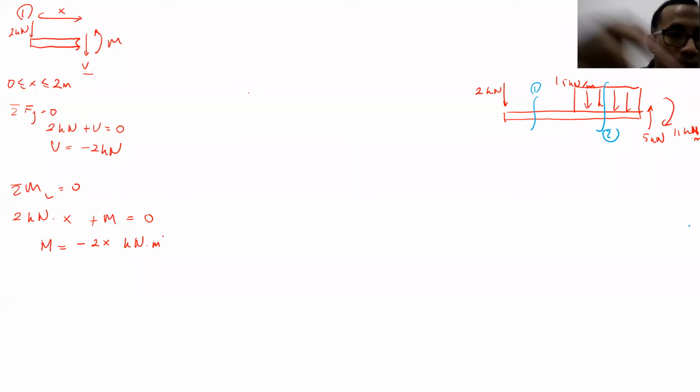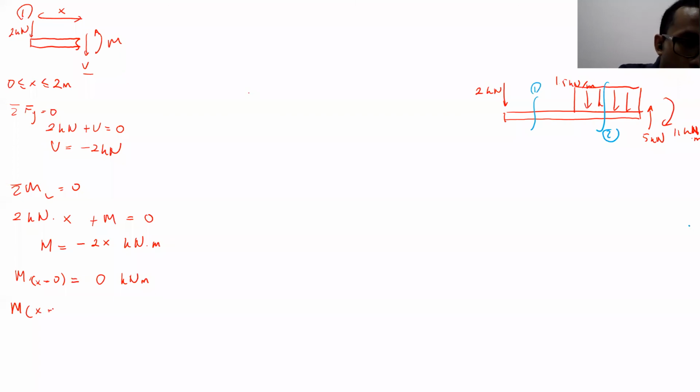So we have, for x equal to 0, the value of moment will be 0, right? And for x equal to 2 meters, the value of M will be minus 4 kilonewton meter. Correct, right?